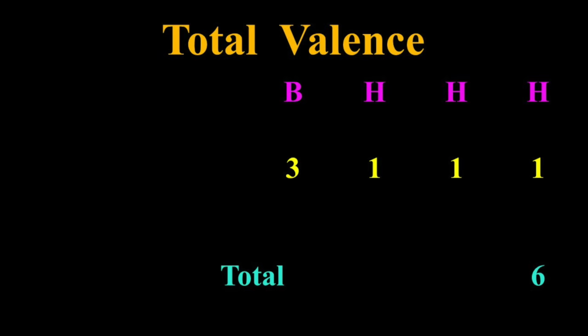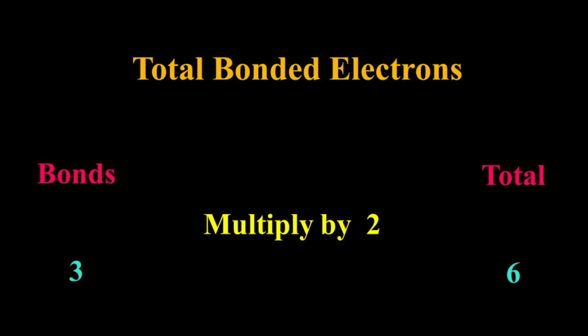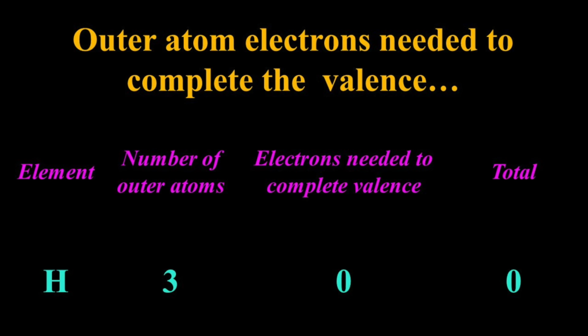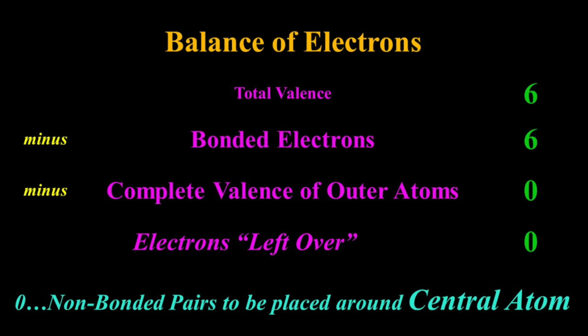We have 3 bonds, and there's our 6 electrons. 3 bonds multiplied by 2 equals 6 electrons. And they're hydrogen, so no electrons are needed to complete the valence. So you have 0 non-bonded pairs to be placed around the central atom.